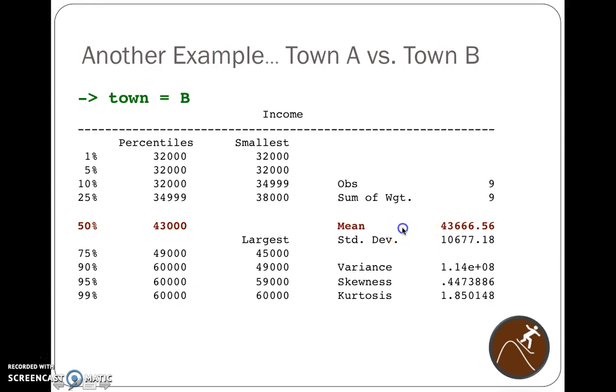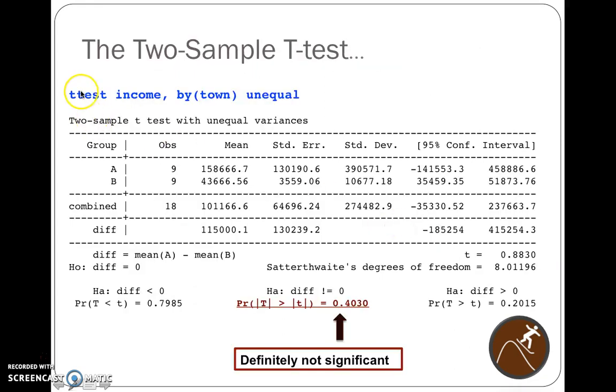So you might have a tendency, without doing a normality test, to just think, well, we'll just do a t-test, which you can do. You do the t-test by either pointing and clicking in Stata or using software of your choice or manually entering the command. So we're going to do a t-test comparing the income by town, Town A versus Town B, and we'll assume unequal variance.